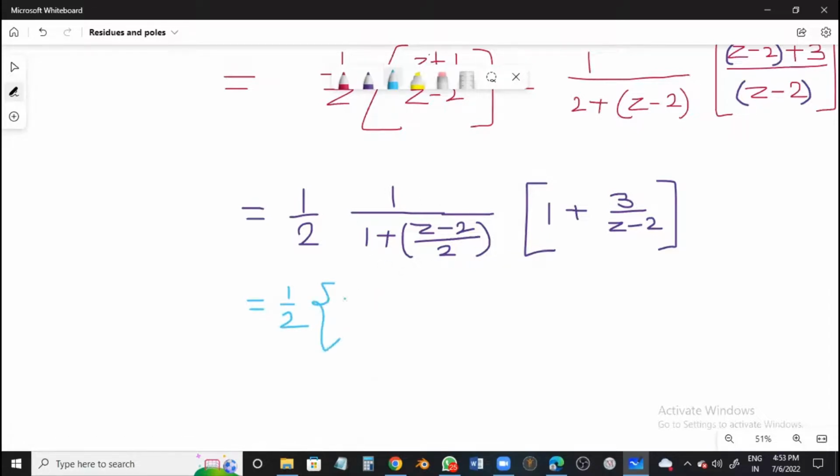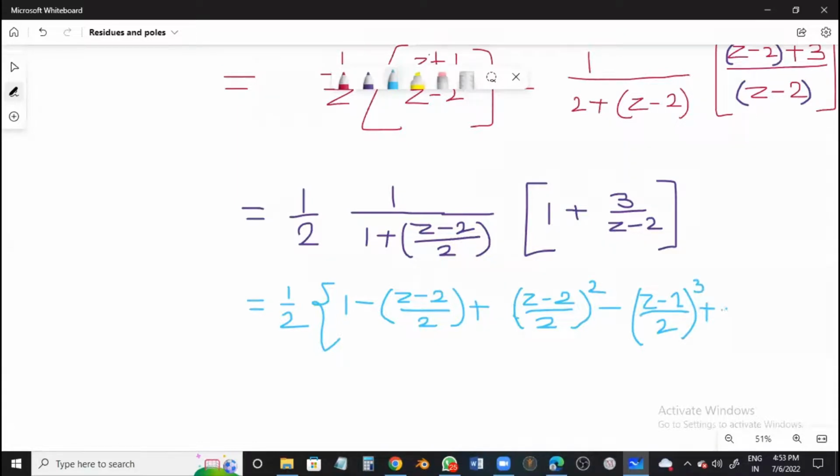So in the bracket, what is the expansion? 1 minus, because we want alternate plus and minus signs, this is Z minus 2 upon 2, plus Z minus 2 upon 2 bracket square, minus Z minus 2 upon 2 bracket cube, plus and so on, and multiplied here by 1 plus 3 upon Z minus 2.